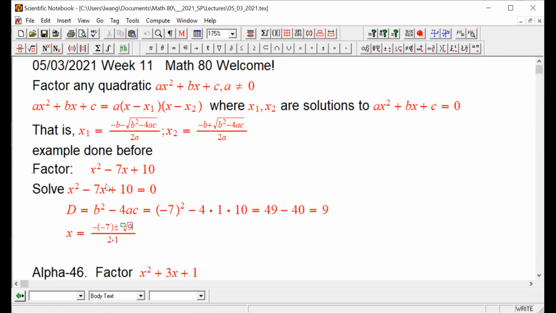You see that? Then you simplify this, and we get 2 in the denominator, and the square root of 9 is 3, and the negative of negative 7 is a positive 7.